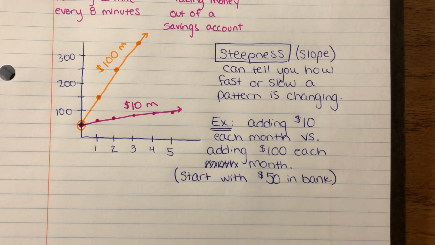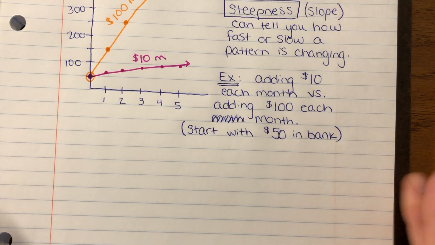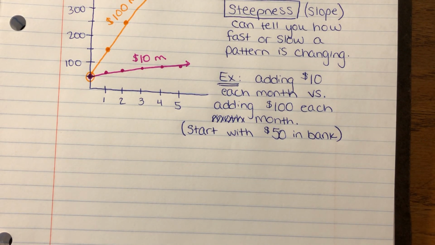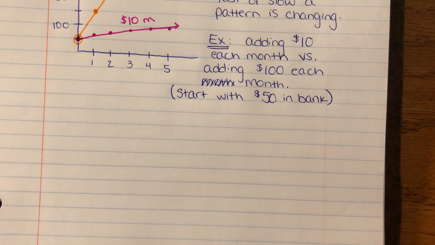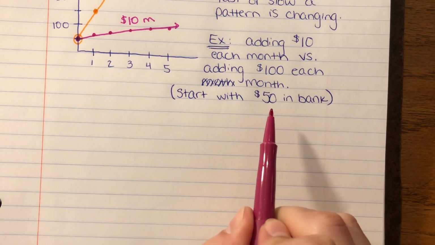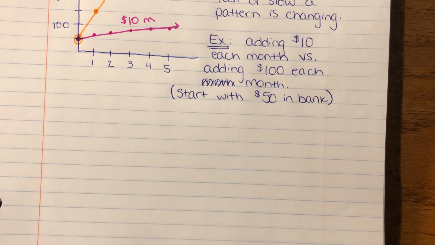One last thing I want to add to our notes before I give you some work time. And this takes it all the way back to the starting point of the graph. So in this example, we started with $50 in the bank, which is why I started the graph at 50. That's a really key point that we have to observe when we're looking at linear functions.